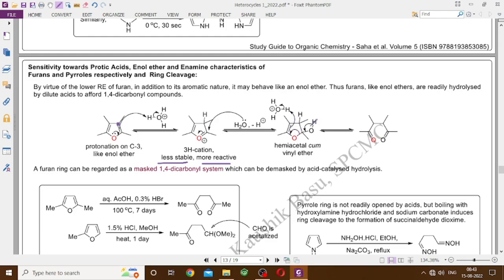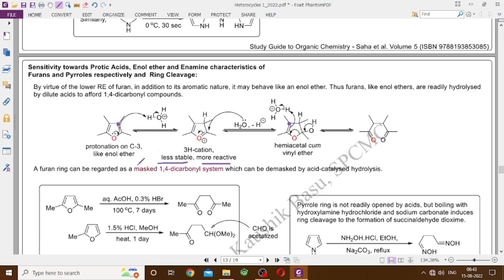So again, you can collapse the hemiacetal by generating the carbon-oxygen double bond here, and by protonating the vinyl ether at the alpha position, you can get yet another carbonyl group established here. So this is a 1,4-dicarbonyl that is generated from the furan.